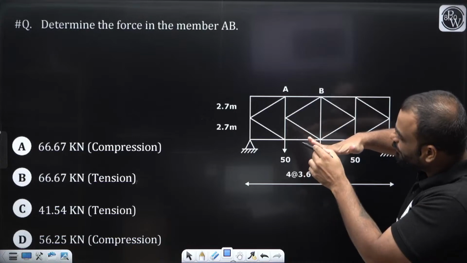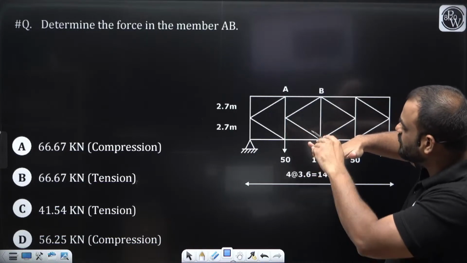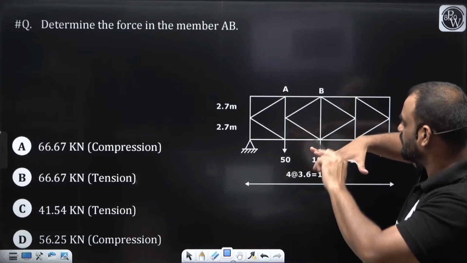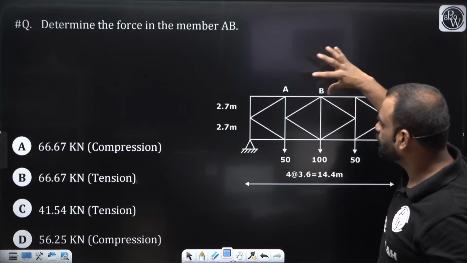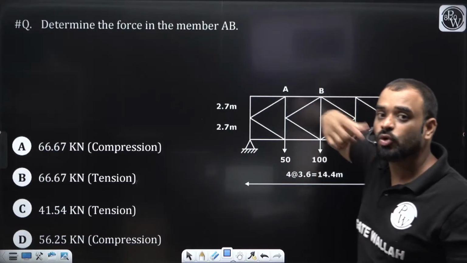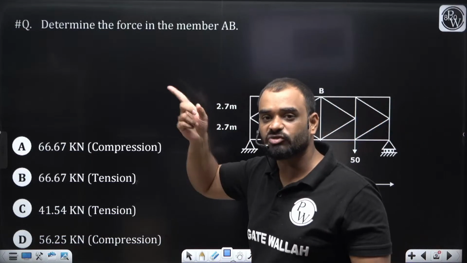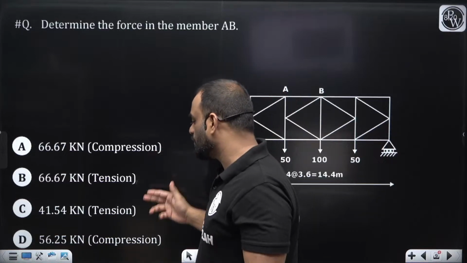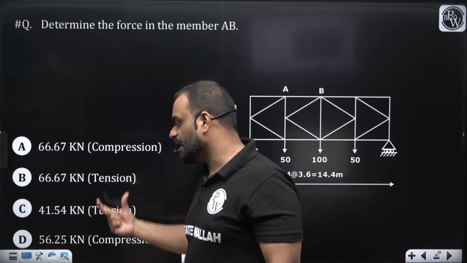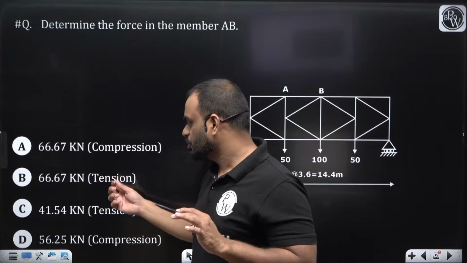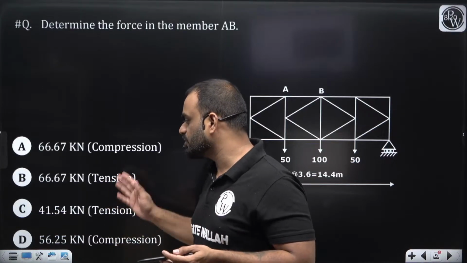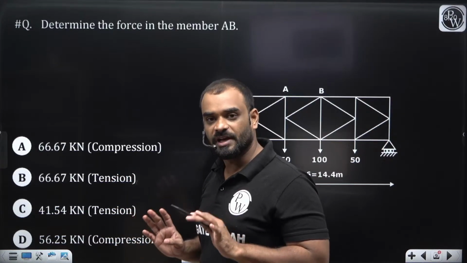That means the bottom fiber will come in tension and the top fiber will come in compression. So it is understood the force in member AB will be compressive, not tensile. If it is compressive, then which particular option can be possible? Either A or D, right? So B and C are not possible because both are tensile in nature, right?